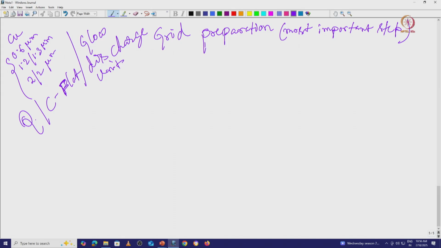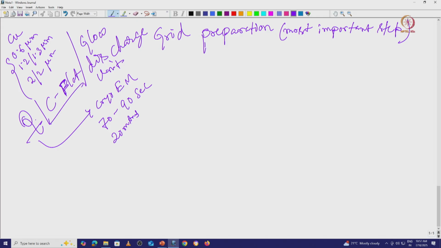Generally for Quantifoil, if you want to do cryo-EM single particle, we generally use 70 to 90 seconds glow discharge at 20 milliamps.